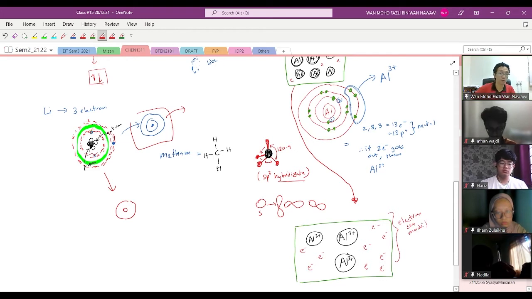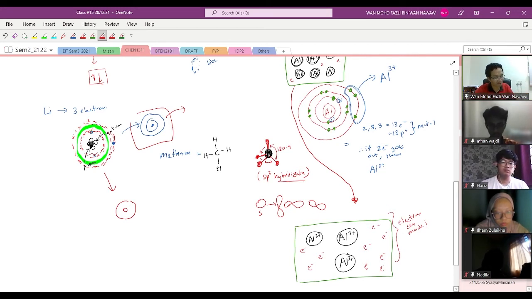When you draw this, you need to make sure the amount of electrons corresponds to the amount of atoms. For example, here you have 3 atoms. You find the valence electron, because the valence electron is the one that can move. In the case of aluminium, the valence electron is 3, meaning that each aluminum atom will give 3 mobile electrons.